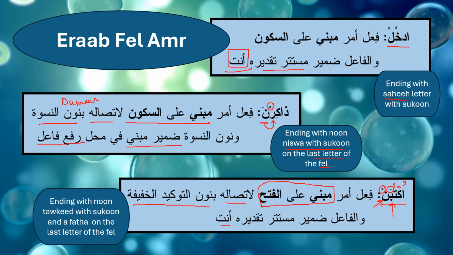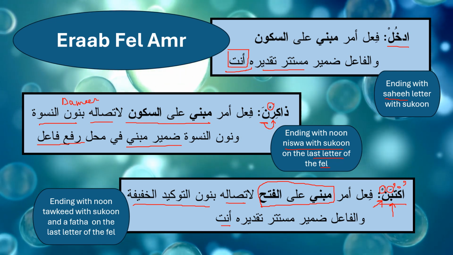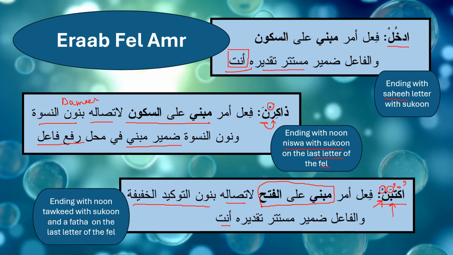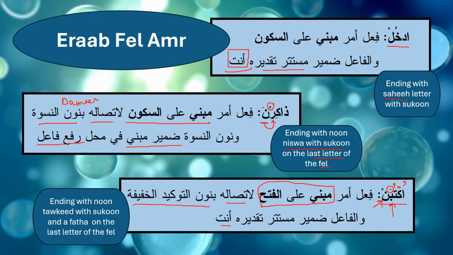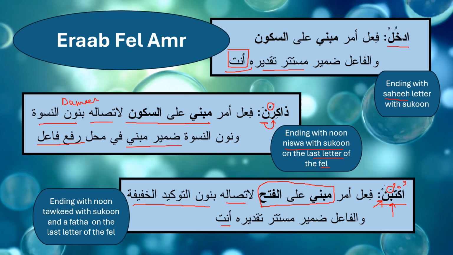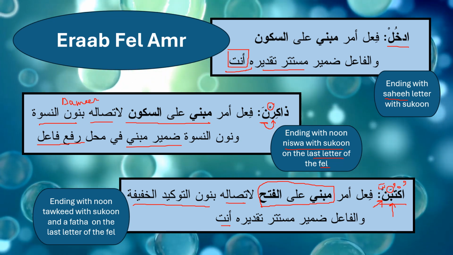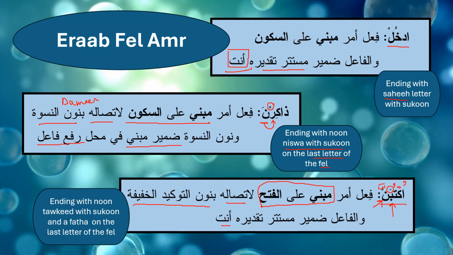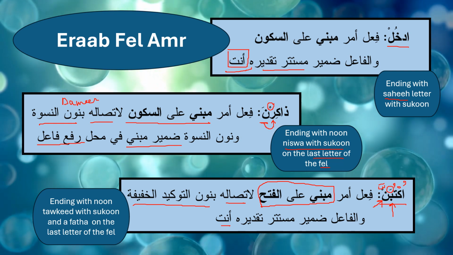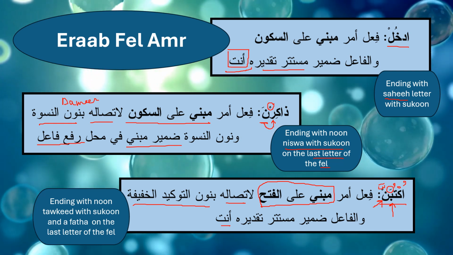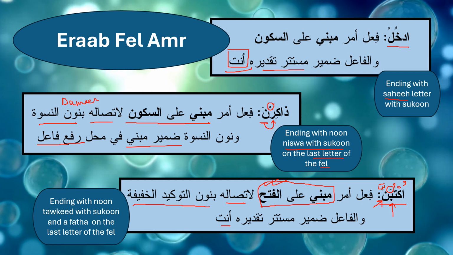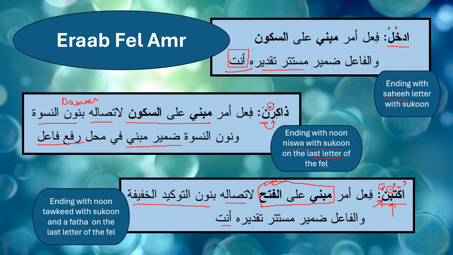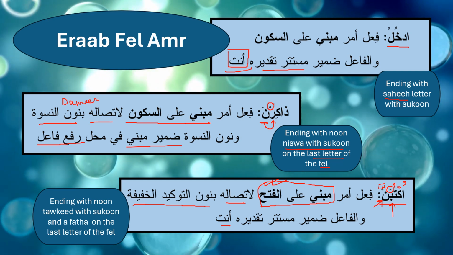And in case of noon thaqila, what happens? In case of noon thaqila, instead of noon sukoon, there will be a noon with shadda and fatha, so it will become uktubanna. The only change in the Arab is that it will still be mabni ala al-fath. It will still be mabni ala al-fath, muttasil bi noon tawqeed al-thaqila.